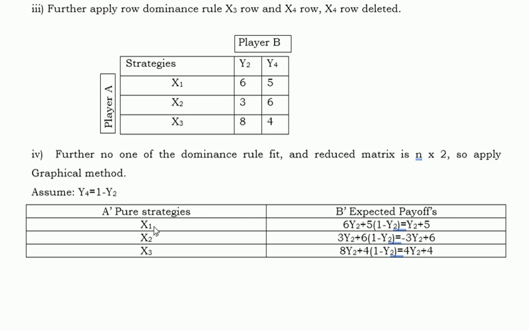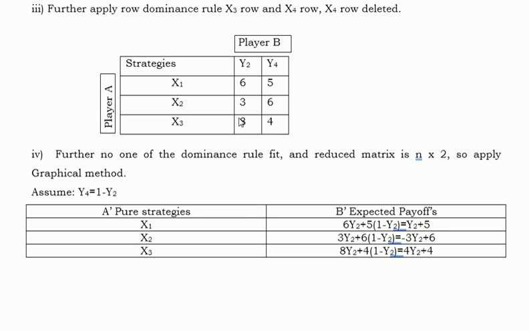Here you make 2 columns: A's pure strategies, that is x1, x2 and x3, and B's expected payoff. So how to write these equations? For x1, 6 into y2 plus 5 into y4, where y4 is 1 minus y2, so 5 into (1 minus y2). When you solve it, it becomes y2 plus 5.